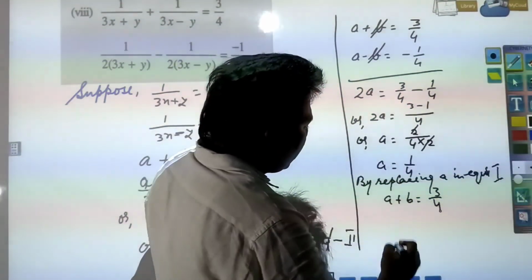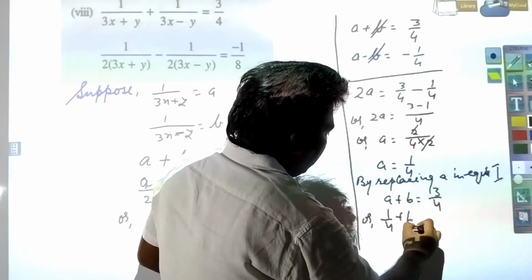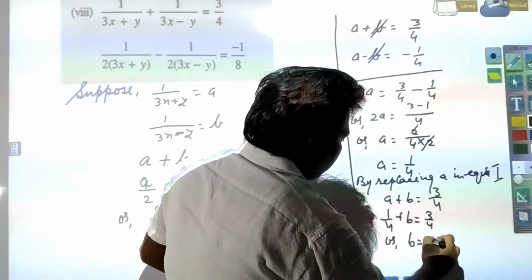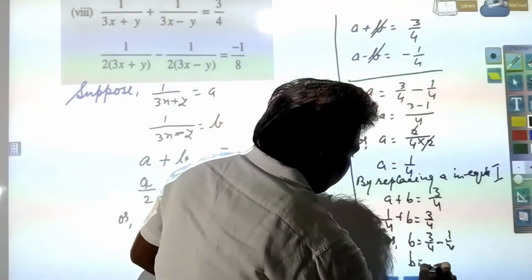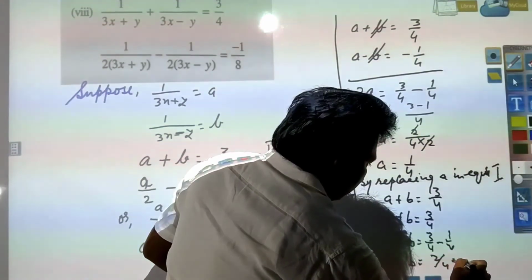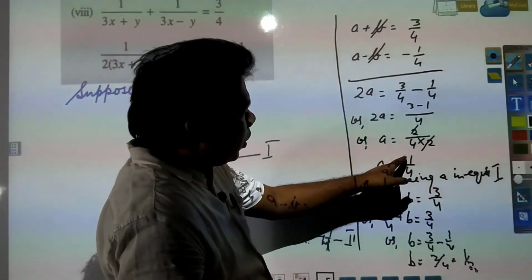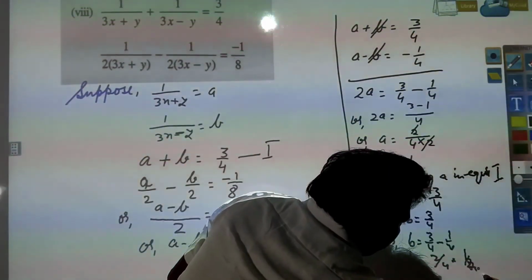Then a is equal to 1 by 4, so 1 by 4 plus b is equal to 3 by 4, or b will be equal to 3 by 4 minus 1 by 4, and b will be equal to 2 by 4, and that's why this will be 1 by 2. So a you have got 1 by 4 and b you have got 1 by 2.